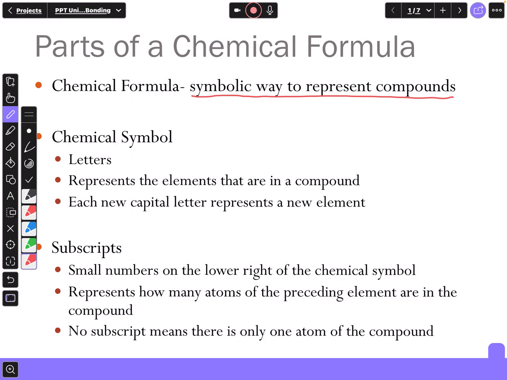Now the symbols have letters in them, which chemical symbols do for elements, a shorthand way of writing those. These chemical formulas show two or more elements combined. And the chemical symbol represents the elements that are in a compound.